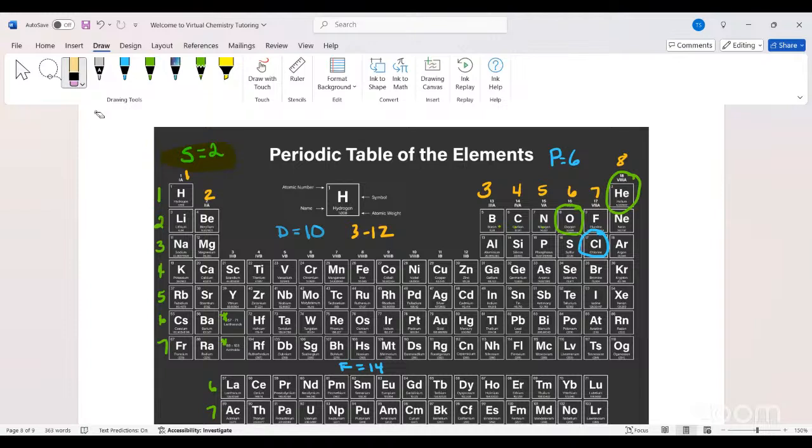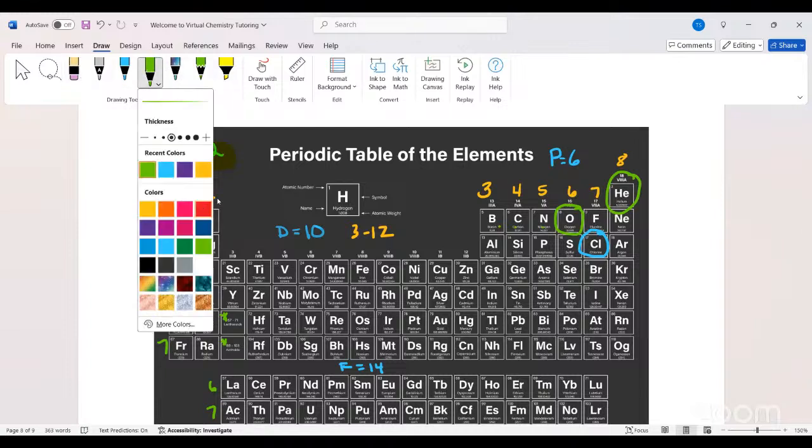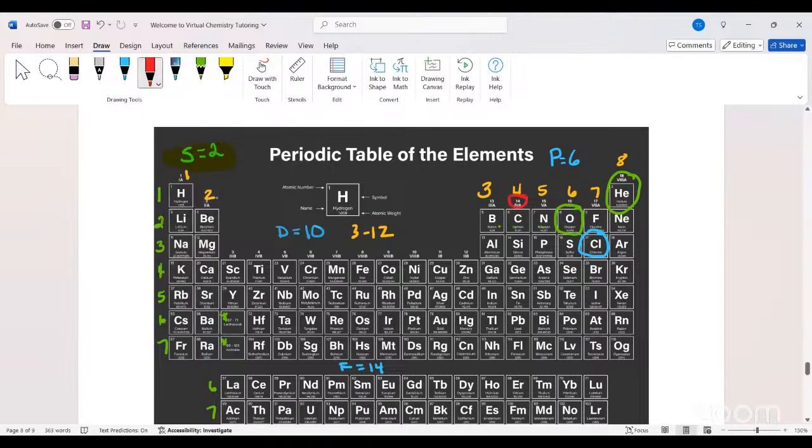I said group 14. So let's find group 14. I'm gonna circle group 14 in red. Here's group 14, but they said period 3. So here's period 3. Here's group 14, and voila, right there, it smacks dab right there at silicon, which has 14 electrons.